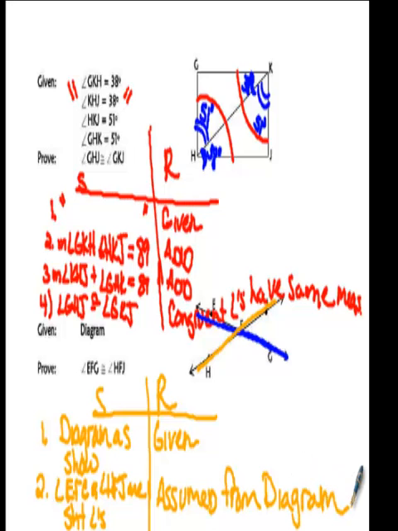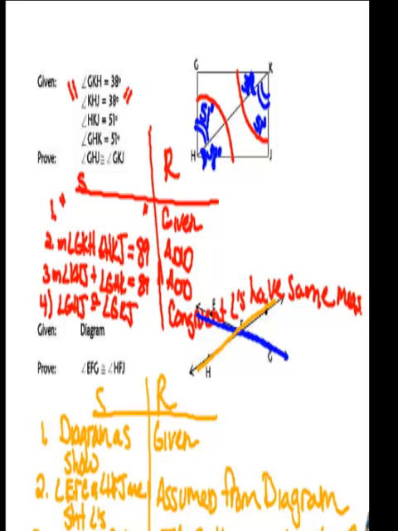And then lastly, I have enough information to prove angle EFG is congruent to angle HFJ. And the reason that I can conclude that is because if two angles are straight angles, then they are congruent.